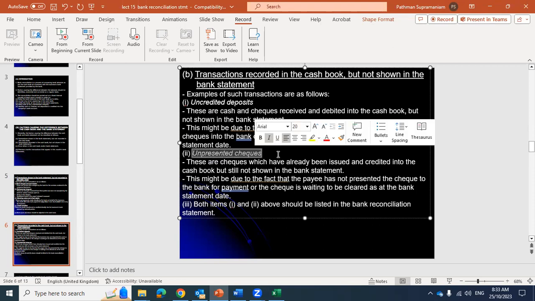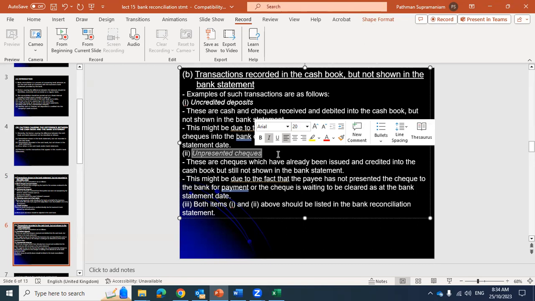Okay. Then you have unpresented checks. Unpresented checks are where the business owner writes checks to make payments to people, and these have already been recorded on the credit side of the cash book, but not deducted in the bank statement yet.